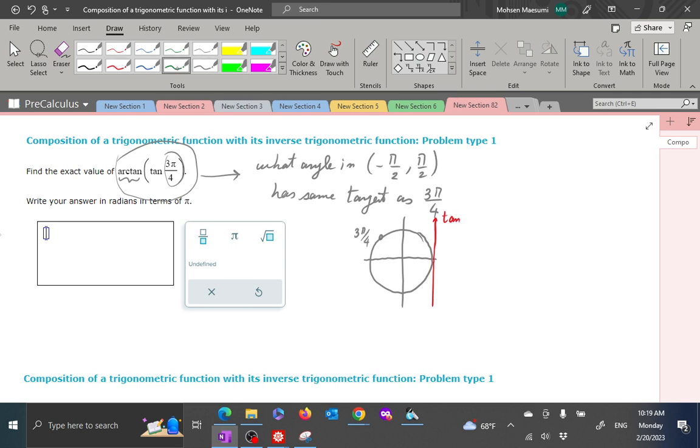From your angle, connect to the origin and go until you hit it. And then on this axis, what's the location of this? Well, for 3 pi over 4, very easy to say the location is going to be minus 1. You remember the radius of the circle is 1, and this angle is 45 degrees, so we are going to end up at minus 1 here.